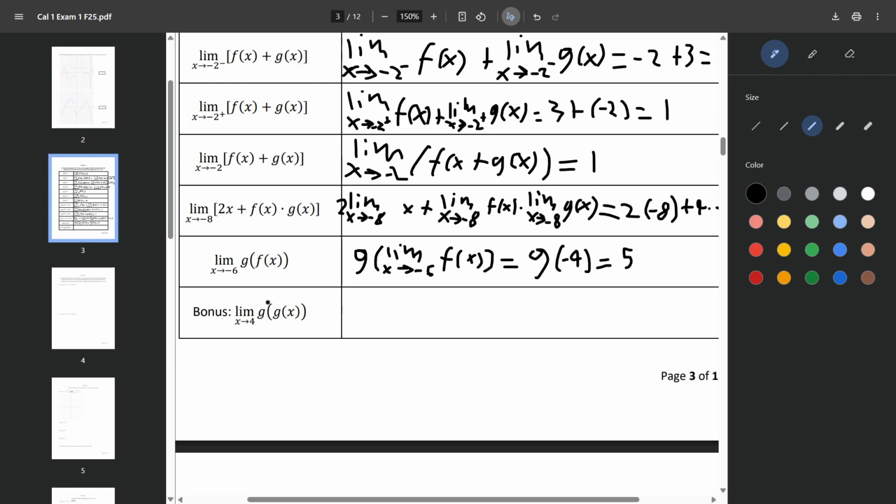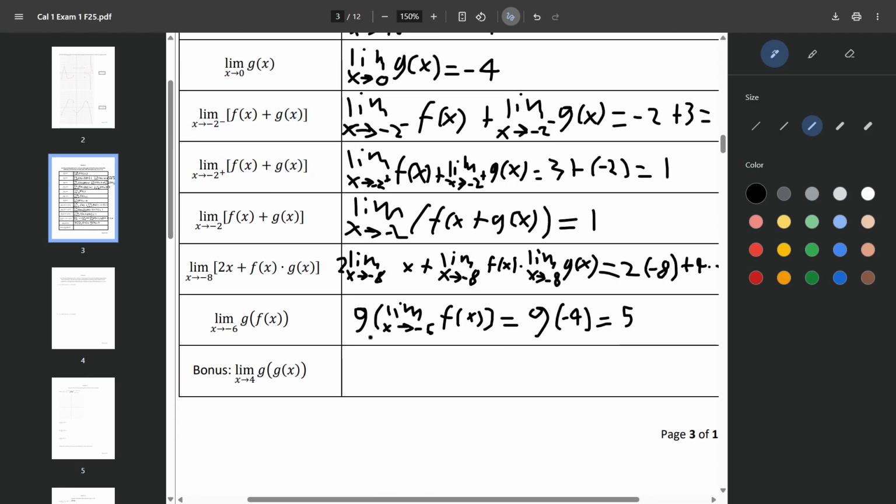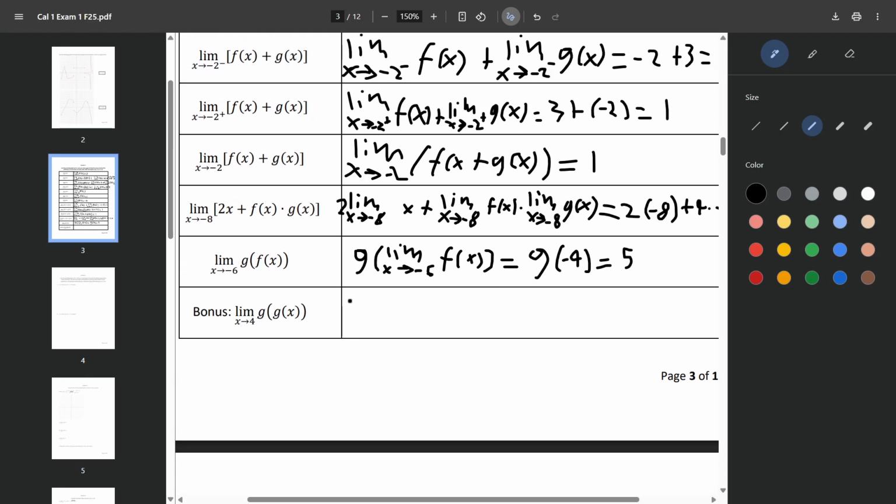And now for this bonus question, the limit of x approaching 4 of g of x. Now, we will rewrite this question as we did for the previous one.